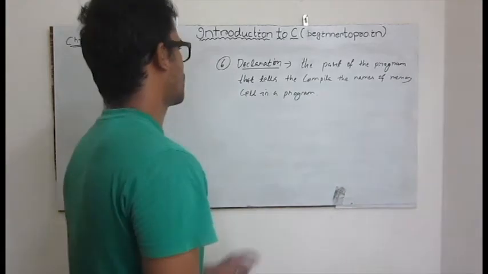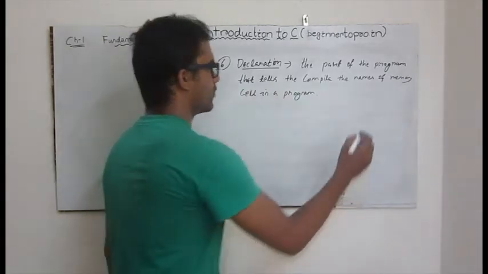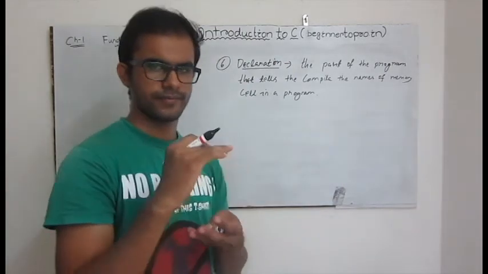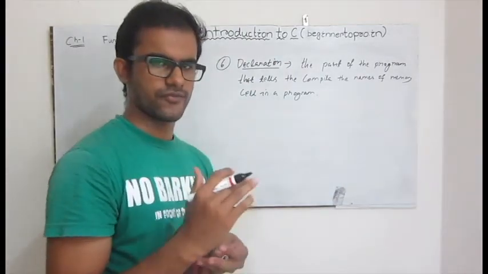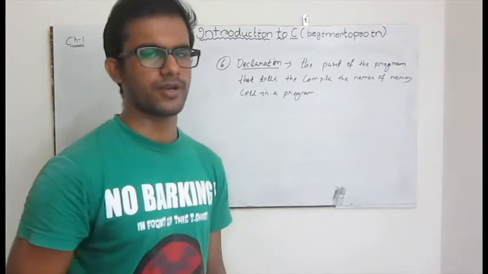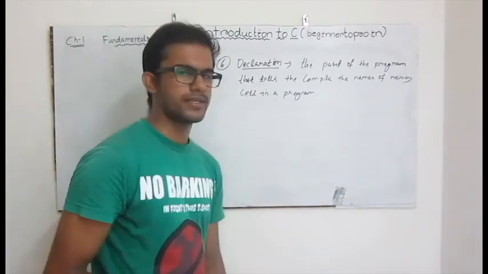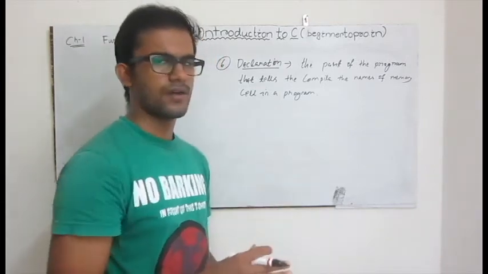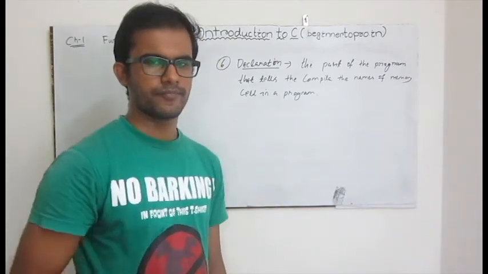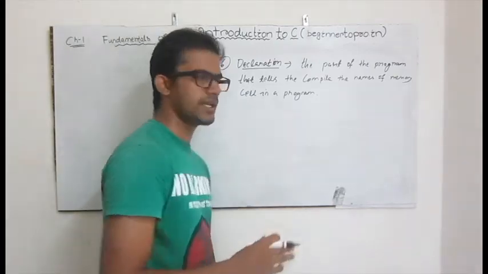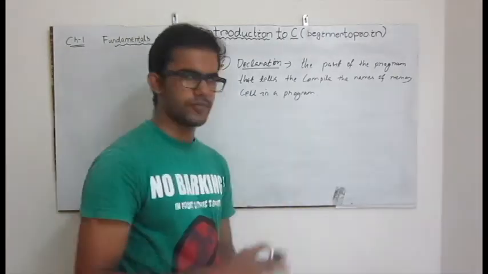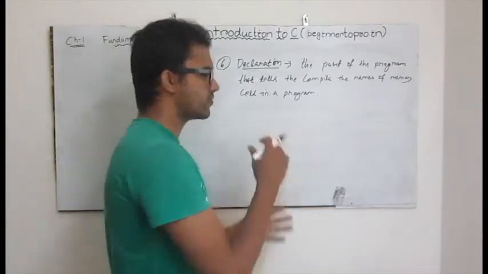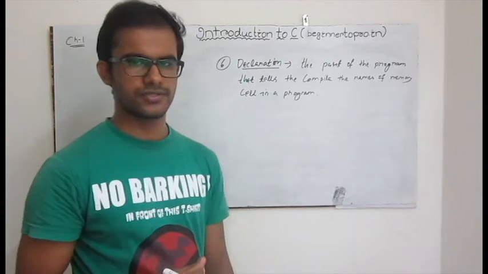The work of the declaration is that the part of the program, meaning the C program which we are going to write, is going to tell the compiler that these are the names of memory cells in a program, so that the compiler will easily be able to know the memory locations from where it is going to get those values.